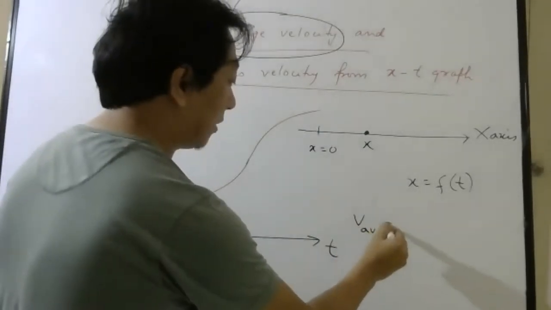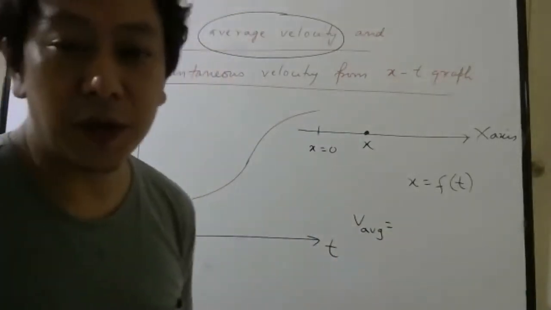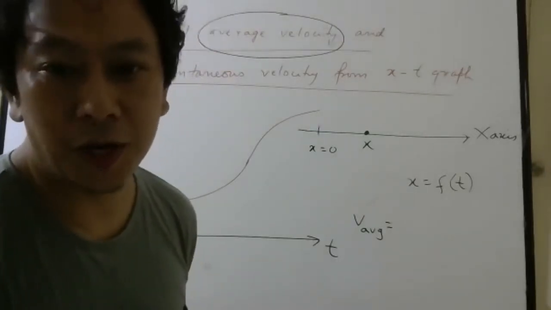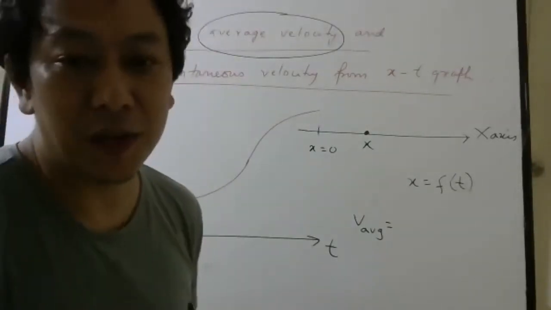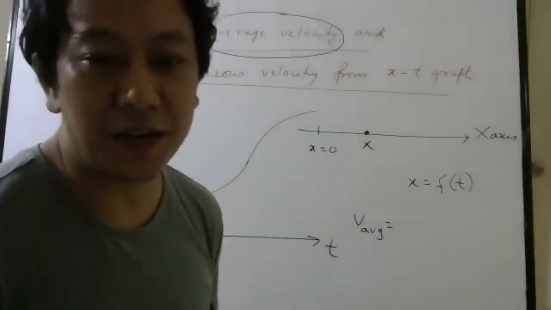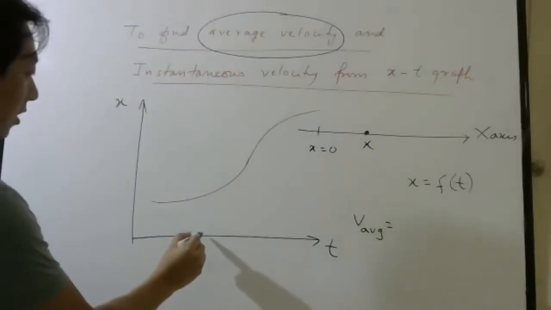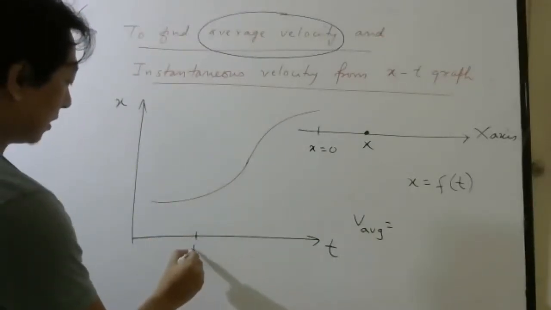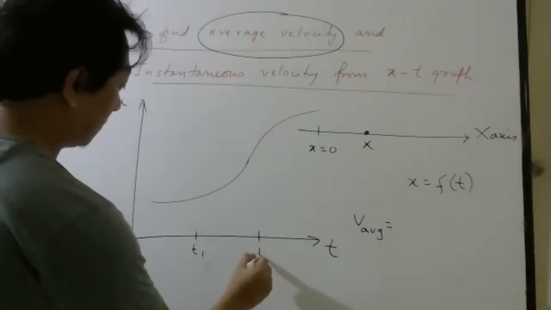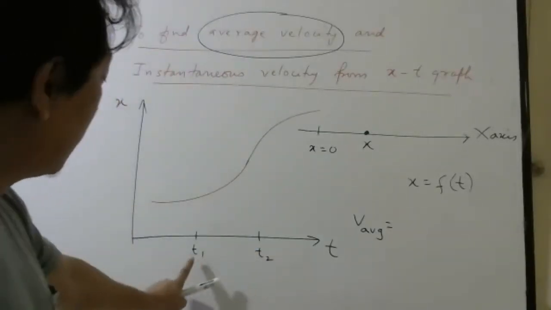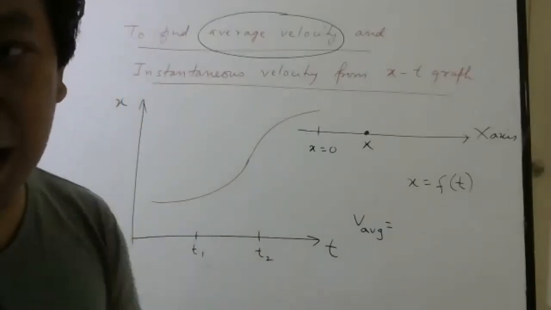To calculate average velocity, they need to mention 2 times or just 1 time. 2 times, right? So let us say they want average velocity between T1 and T2, these 2 times.